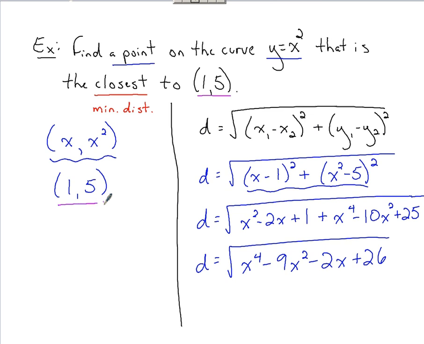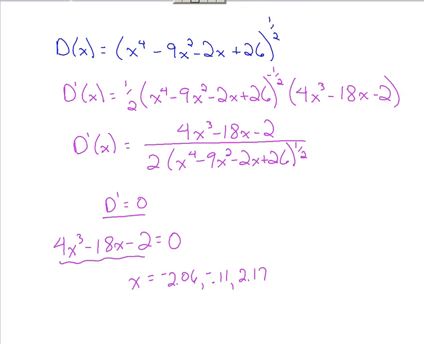Now, we might want to do some graphing of the original curve to look at this, but if you try to make sense of it, which of those x values makes sense to be closest to 1, 5? 2.17, right? So we'll take these out. They are solutions to that equation, but as far as finding our x for that point, our x for that point would have to be 2.17.